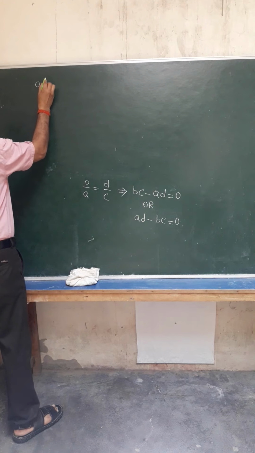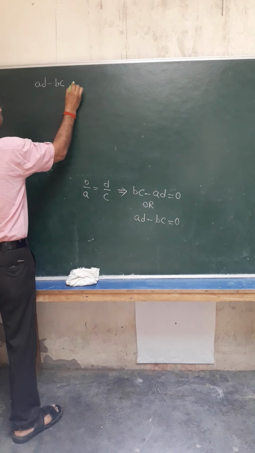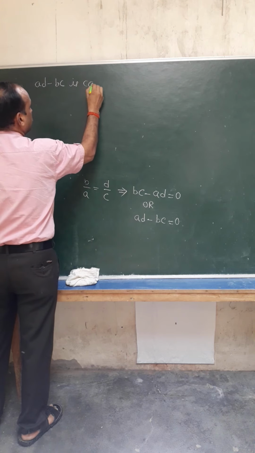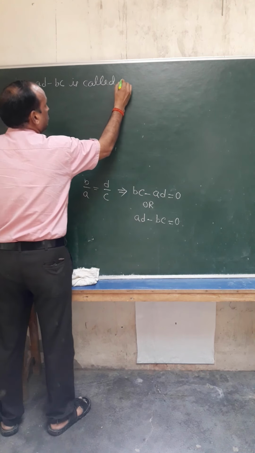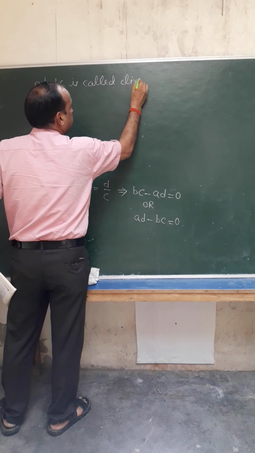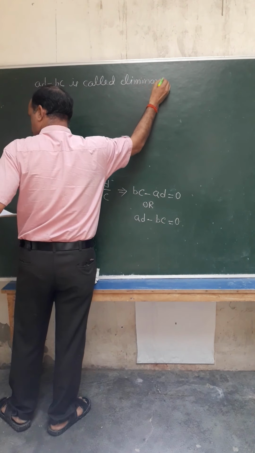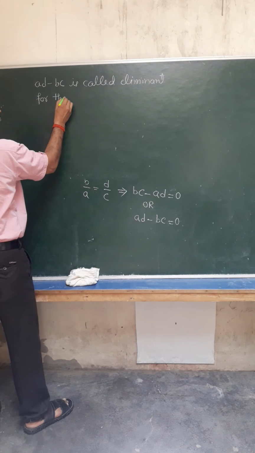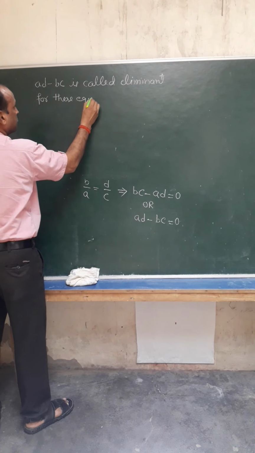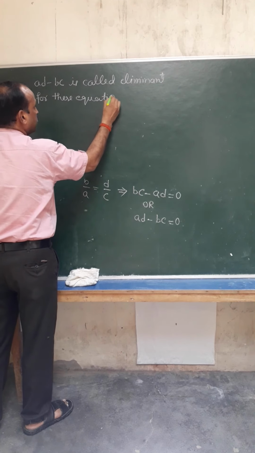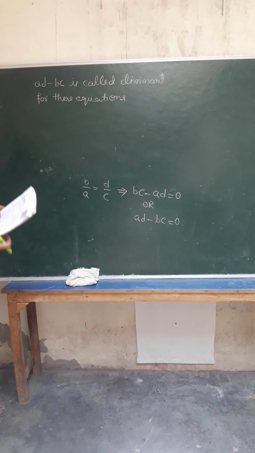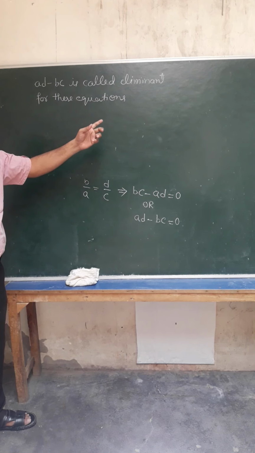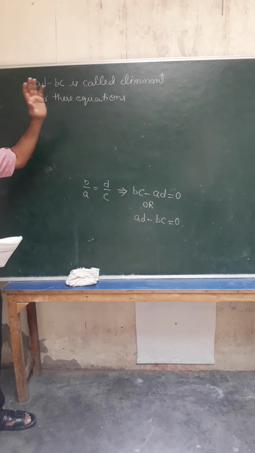Note this: AD minus BC is called the eliminant for these equations, the equations being ax plus b equal to 0 and cx plus d equal to 0.